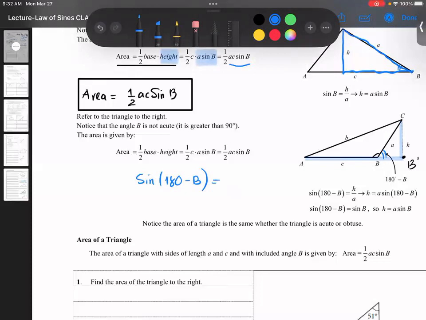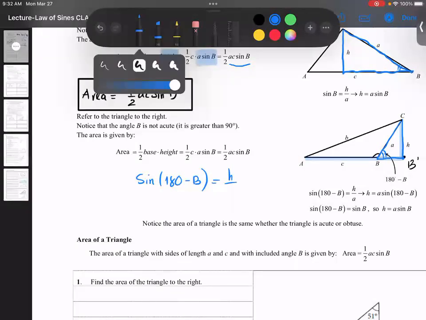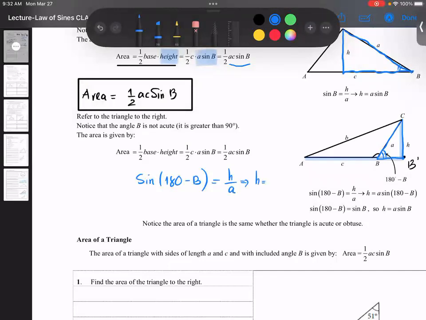Opposite is H. What is the hypotenuse? It's A, right? Again, I'm taking angle 180 minus B, that angle right there. So the right triangle that I'm looking at is the one I highlighted in blue. So here you can solve for H. H equals A times sine of 180 minus B.